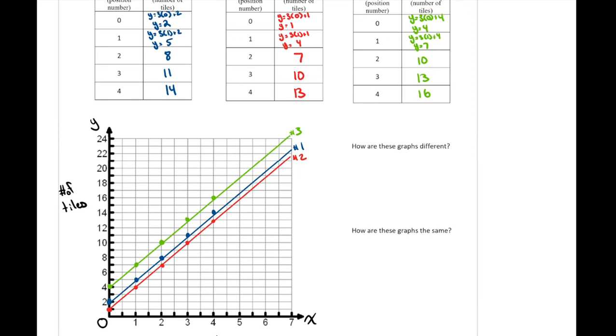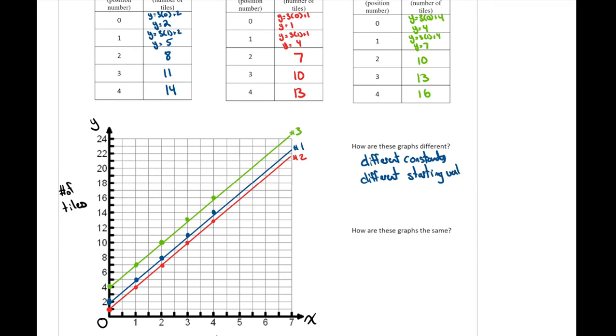So now we're looking at how are these graphs different? Well, looking at the rule, you might say different constants, you might say different starting values.